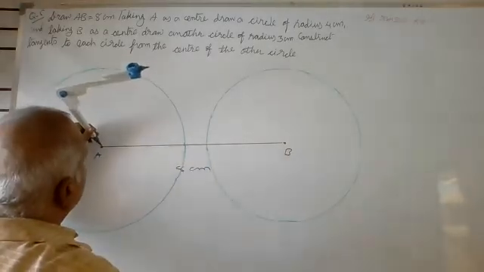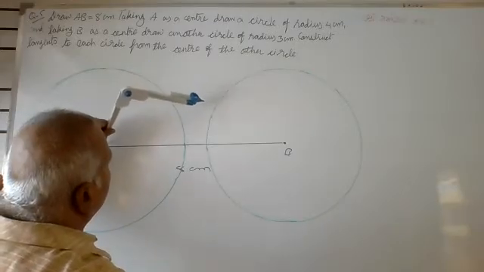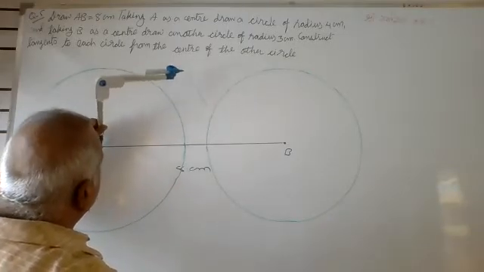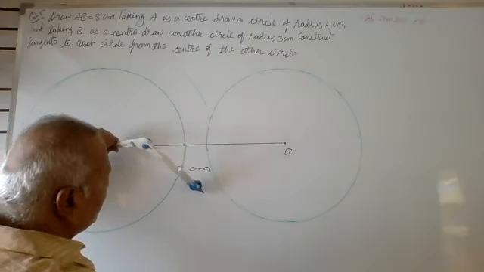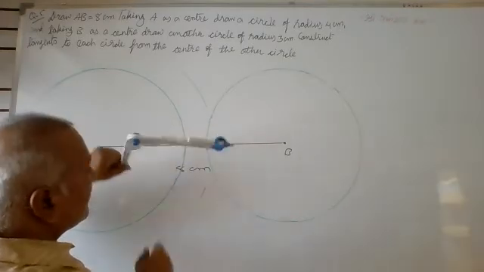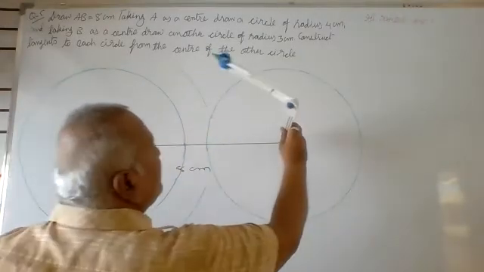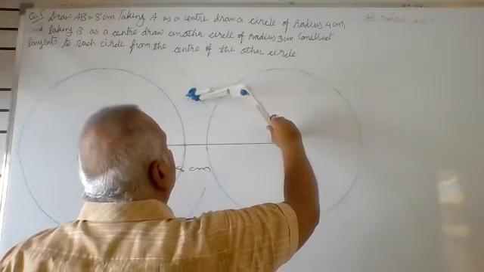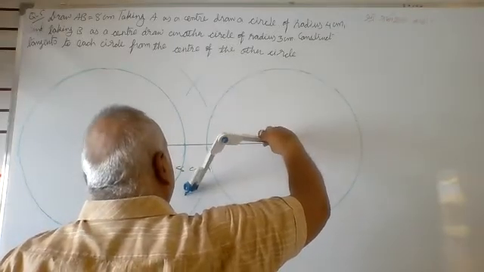I will make two arcs, one arc upside, the other arc downside. With the same measurement from B, one arc upward, the other arc downward.